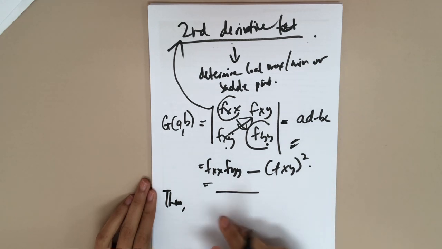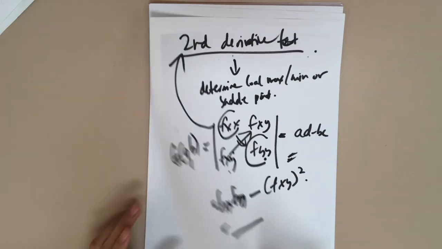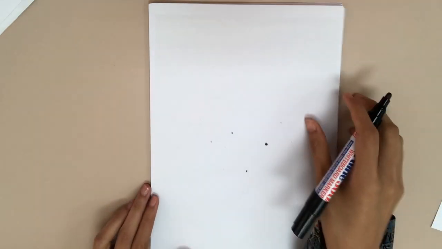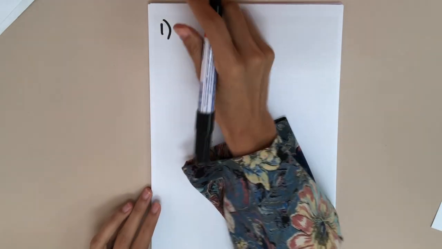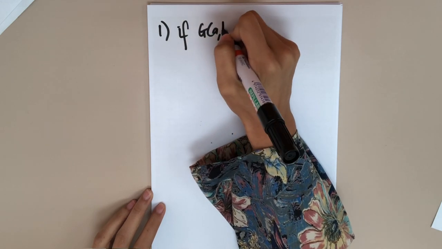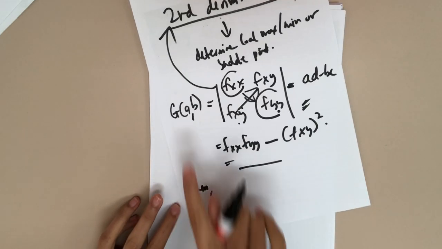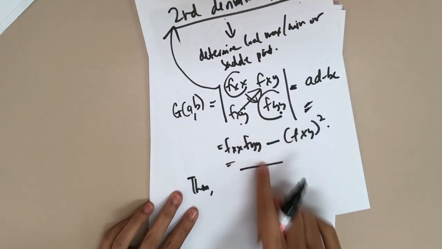Then we have 4 conditions. The first condition: if G(a,b) is greater than 0, after you calculate it you will get a value here.